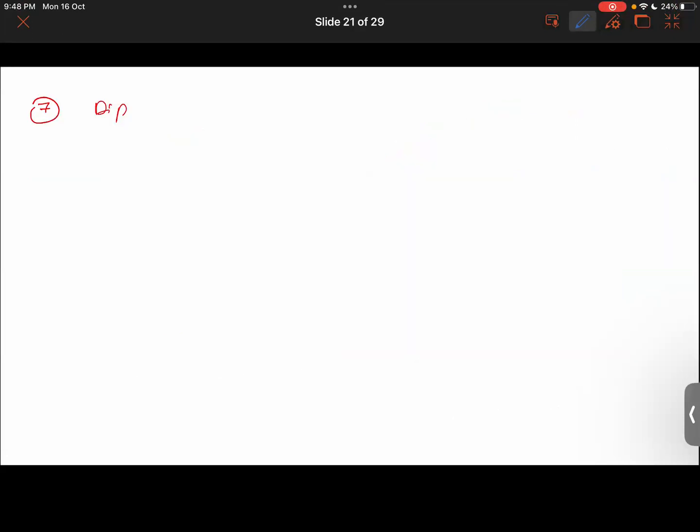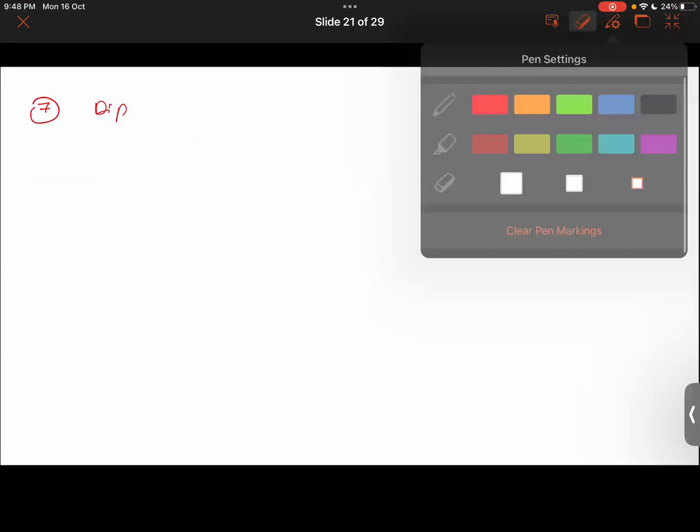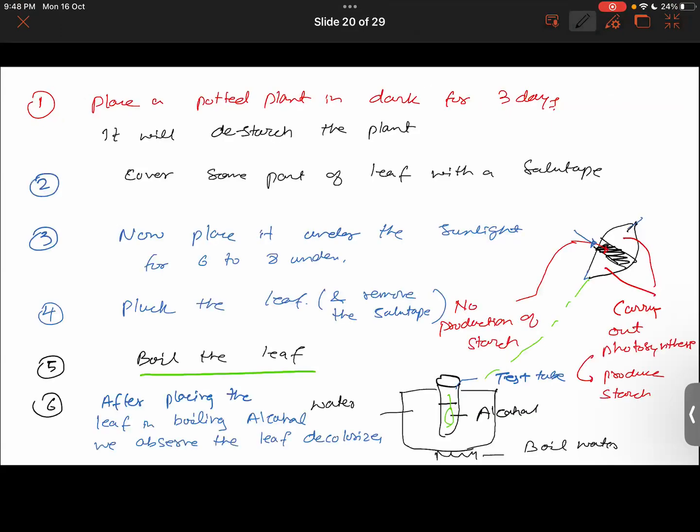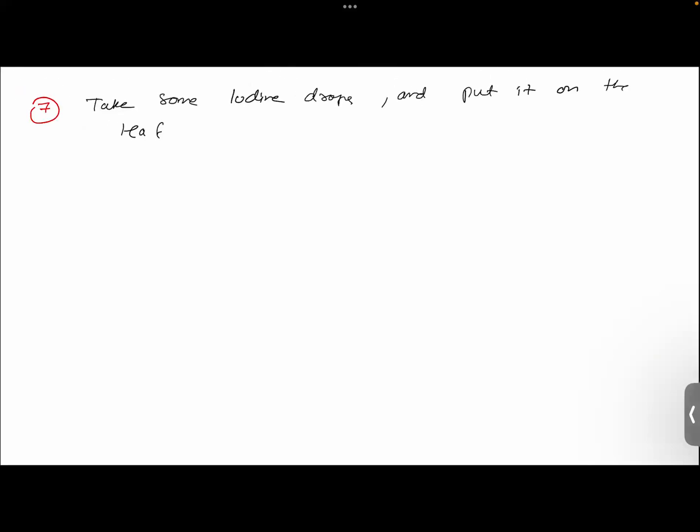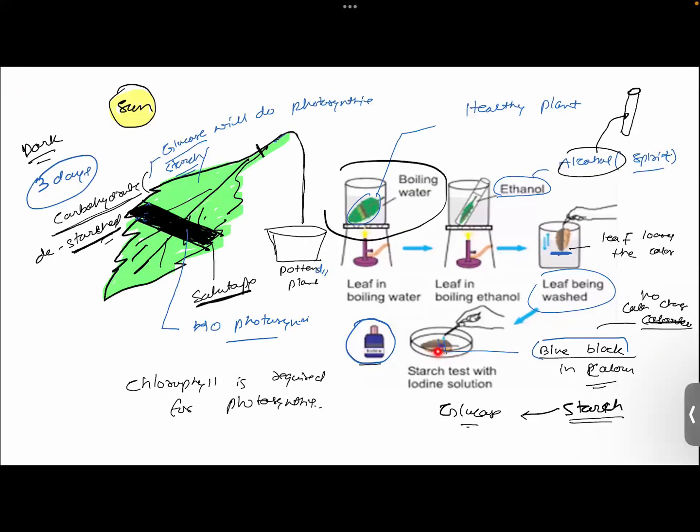Or you can also take some iodine drops and put them on the leaf like this. In this manner, drop some iodine solution over the decolorized leaf. We have dropped some iodine over it.